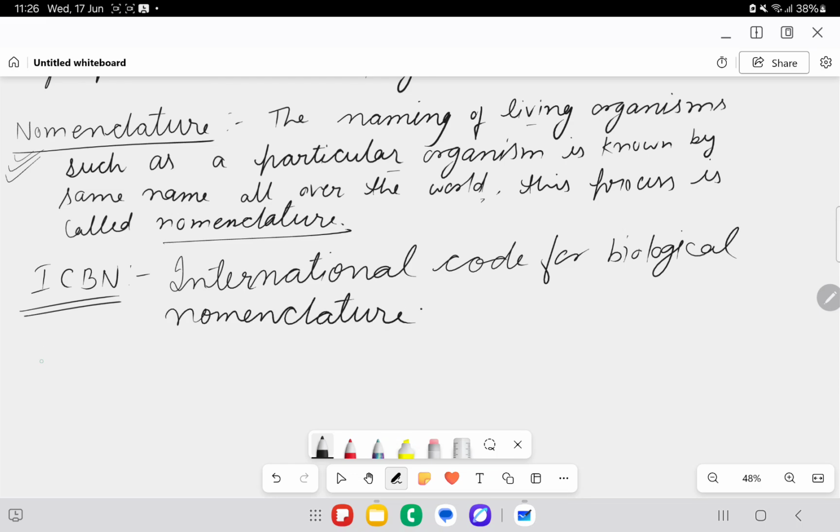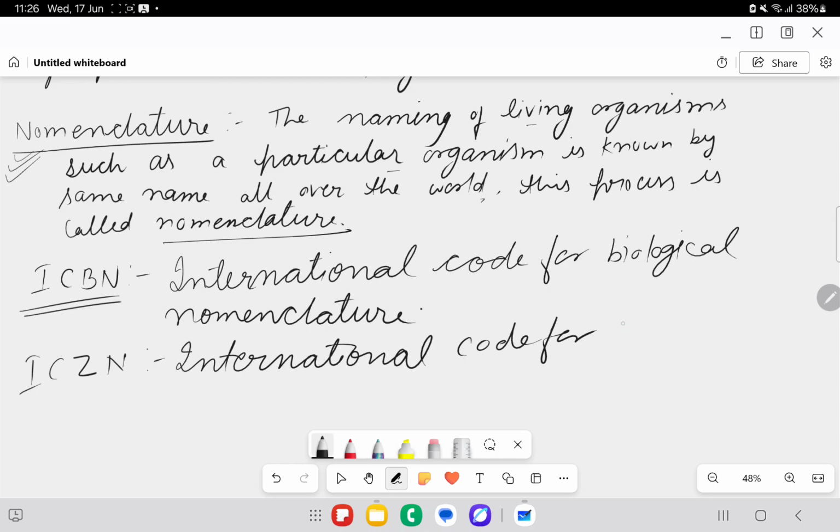And the second one, related to the nomenclature of animals, is ICZN. It is elaborated as the International Code for Zoological Nomenclature.